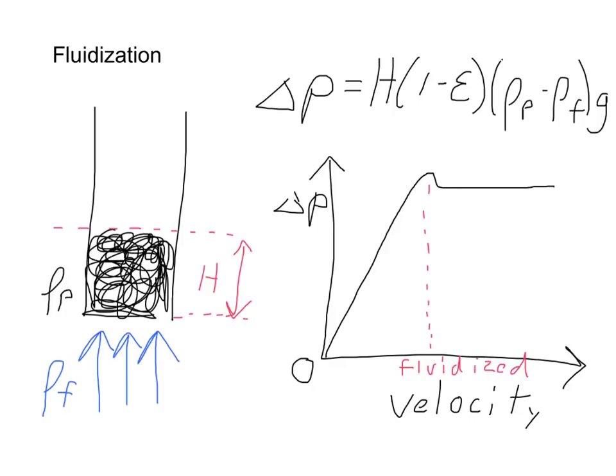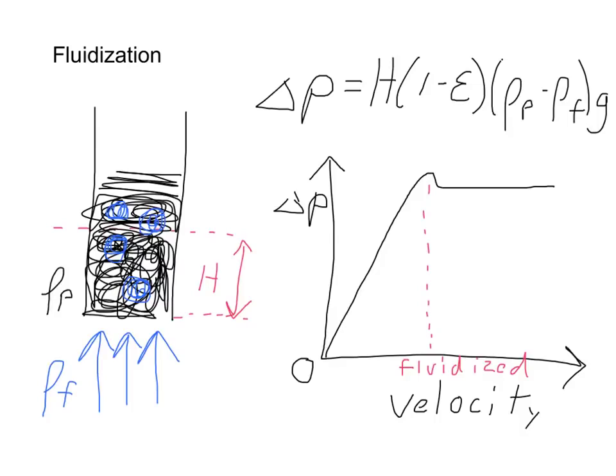Once the bed has been fluidized, you can end up with two different types of fluidization. You can have a non-bubbling fluidization, where the bed simply expands to some new height as the voidage increases and the bed becomes fluidized, or you can end up with bubbling fluidization, in which case you will get bubbles of gas, usually gas and not a liquid, that show up inside the fluidized bed and expand the bed even further, with these large bubbly gas masses in the center.